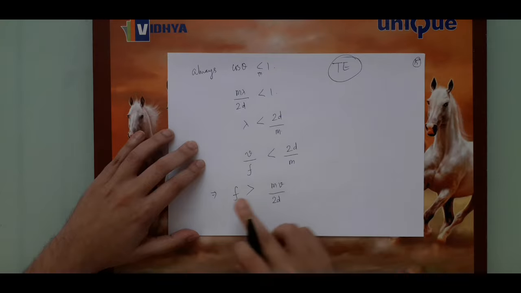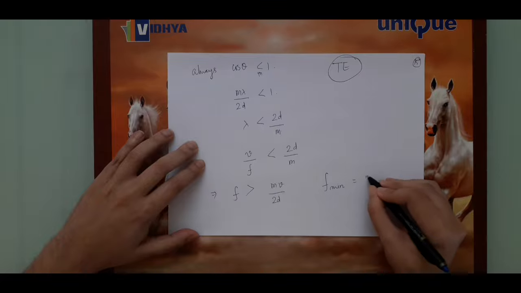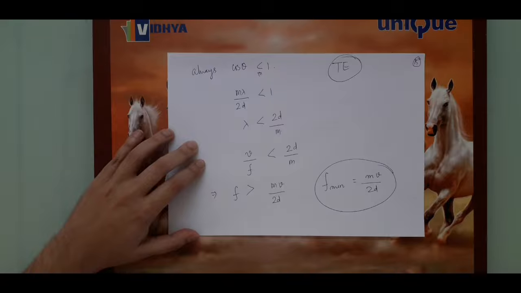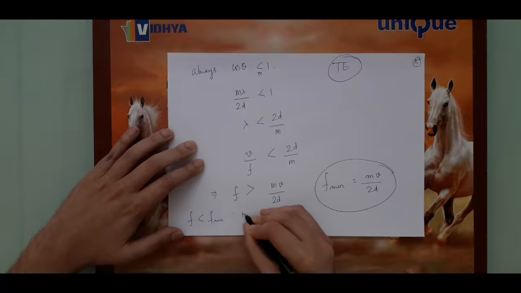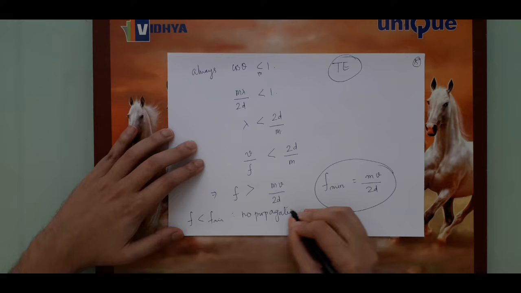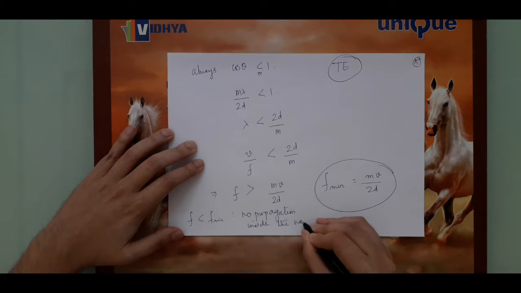Anything below this frequency, let's call this f min, the minimum frequency, is mv by 2d. So if f becomes less than f min, no propagation inside the waveguide.